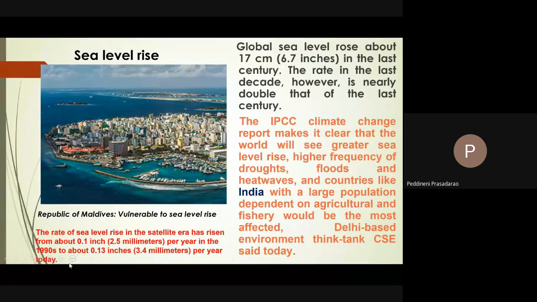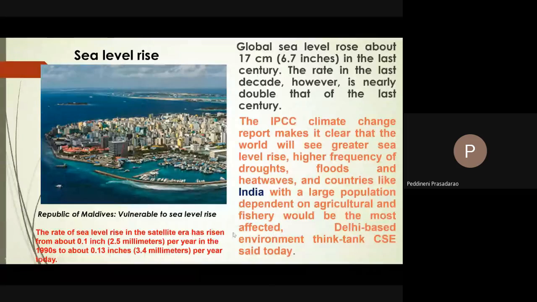So each year there is a certain amount of increase in sea level. And I tried to provide some information regarding India. The IPCC climate change report makes it clear that the world will see greater sea level rise, higher frequency of droughts, floods, and heat waves, and countries like India with a large population dependent on agriculture and fishery would be most affected.